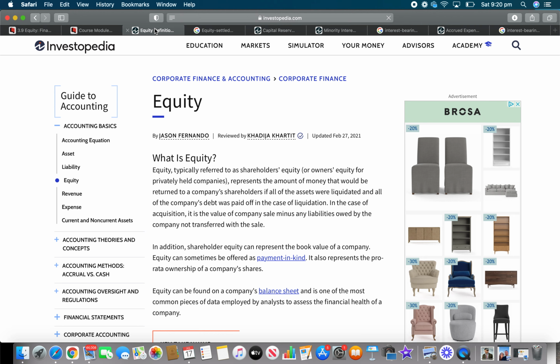So equity really should be our net assets. Hopefully if the company's going well, assets should outweigh liabilities. So again, if we were to sell everything off today, what would the company be worth?